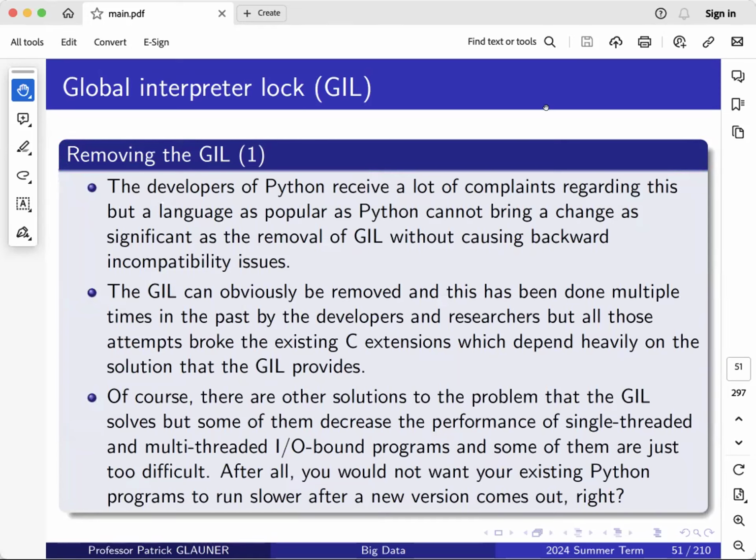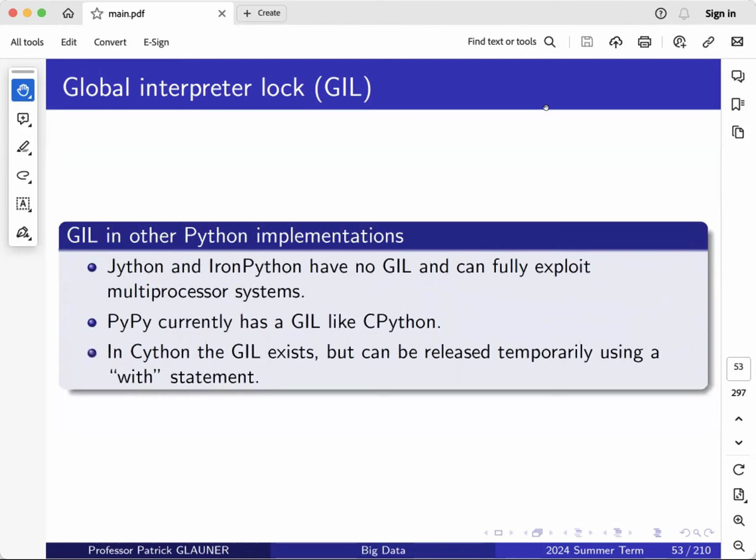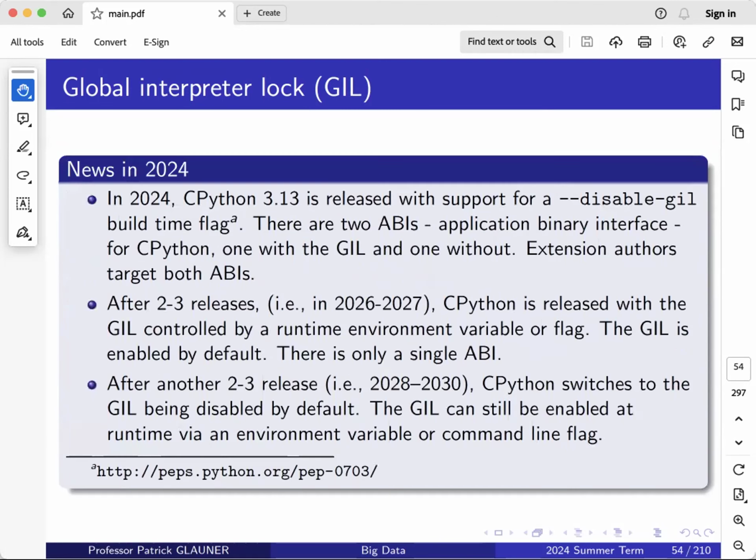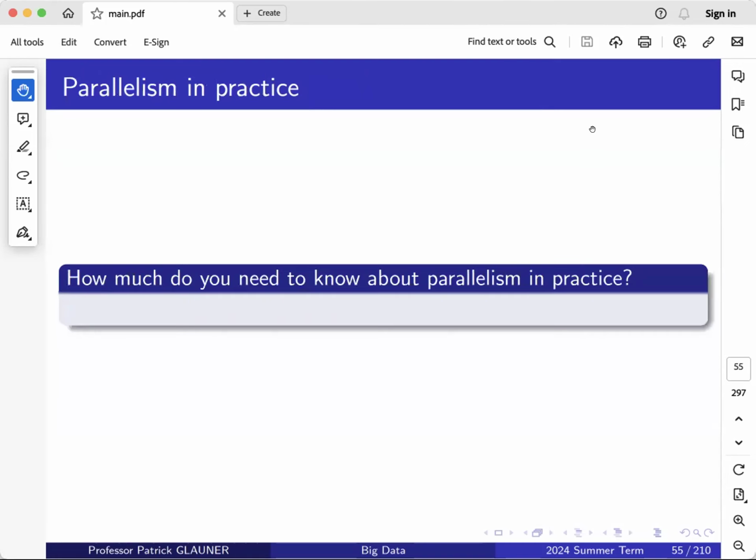Now we're wondering if the global interpreter lock can be removed, and this was debated for a long time. And some Python implementations don't have a global interpreter lock, and in Python, at least in CPython, in this year's discussion, there has been some movement slowly replacing the global interpreter lock, and we saw that last week.